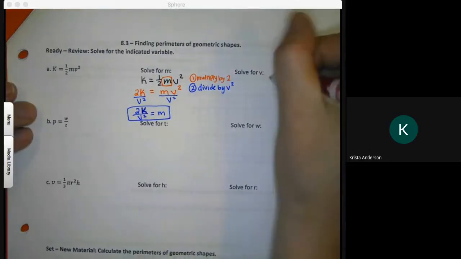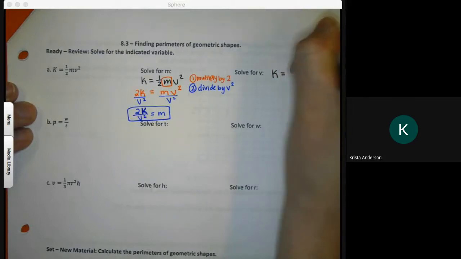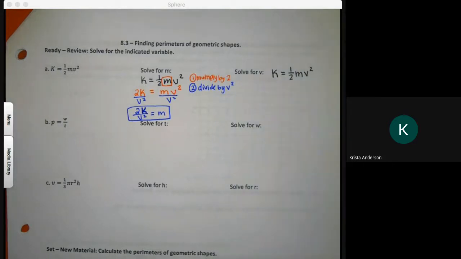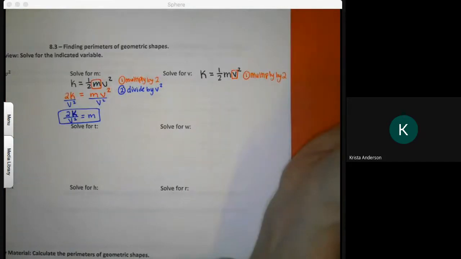What if I had solved it for the v instead? If I wanted the v alone, I would have to first get rid of the fraction, multiply by 2.